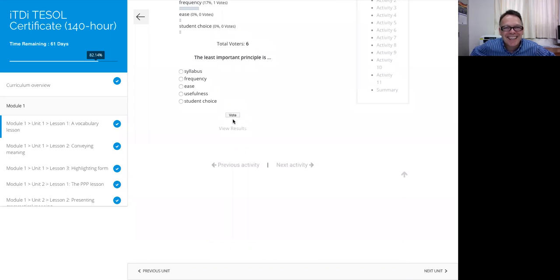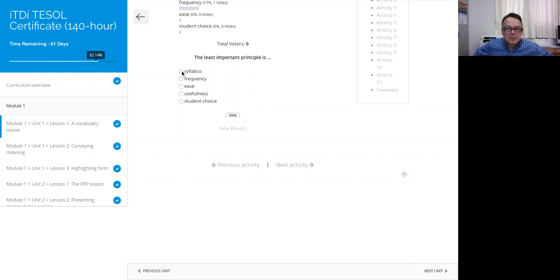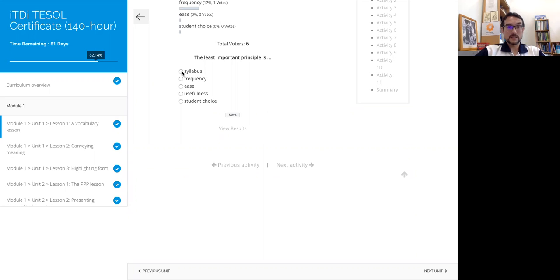Okay. The least important principle is maybe ease, syllabus. Which one? I'm going to go back to what you were saying a couple of activities ago about level and context. For example, in some contexts I teach, the syllabus is driven by the student.